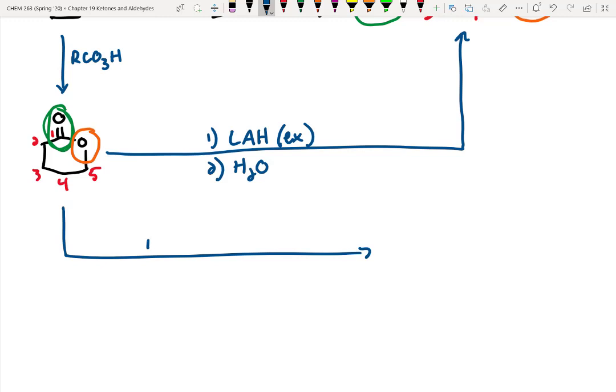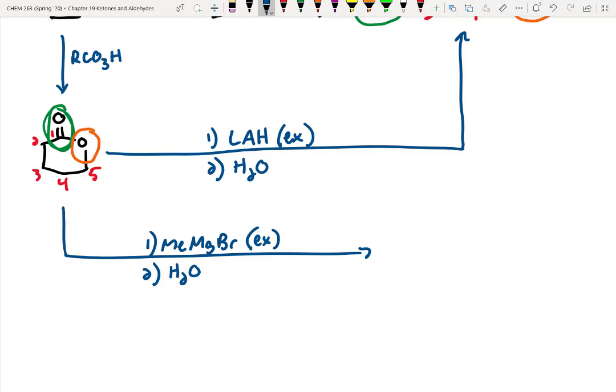What if we treated this with methyl magnesium bromide in excess, followed by water? Well, if you recall from the chapter where we talked about Grignard reagents, Grignard reagents will add in uncontrollably to an ester.